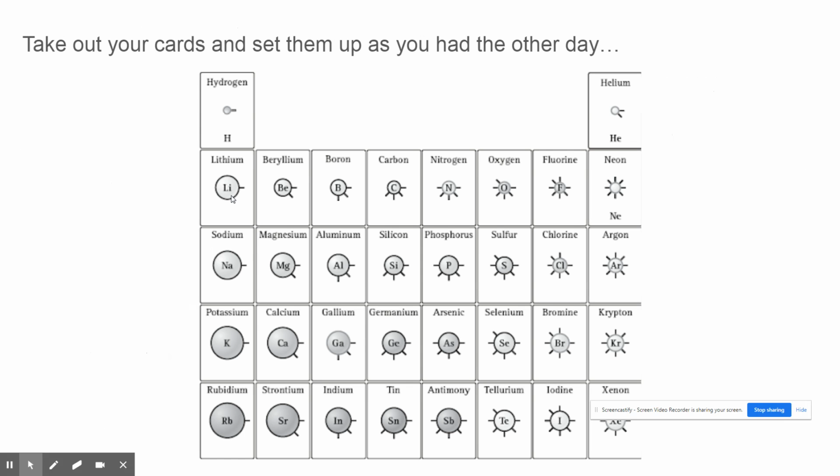Reactivity. Reactivity was something that you looked at on those cards. There are different ways that you could see that the reactivity gets stronger or increases, and in different parts of your card table, you would have seen that the reactivity decreases. So we're going from something that's not reactive to more reactive, or something very reactive to not as reactive.